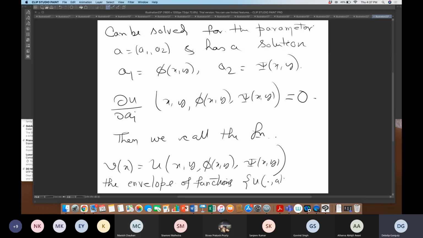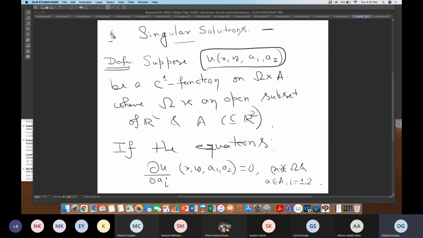You fix a belonging to A. This gives you an envelope of functions. Okay, so it's clear, right? The definition is clear. This (a1, a2) is your given parameter, u a C1 function on omega cross A, where omega is an open subset of R2, and A is also an open subset of R2.